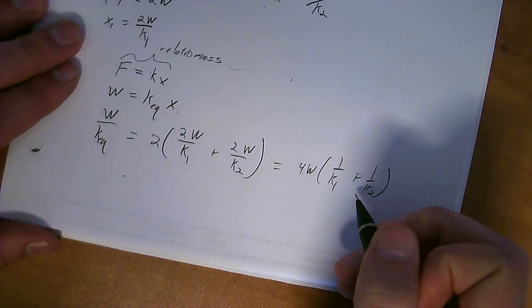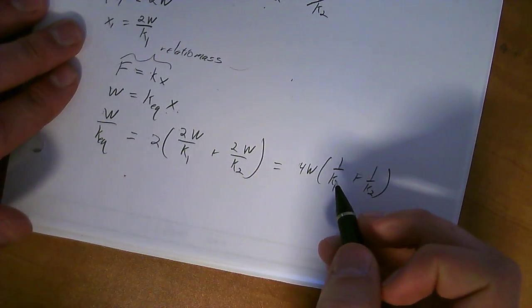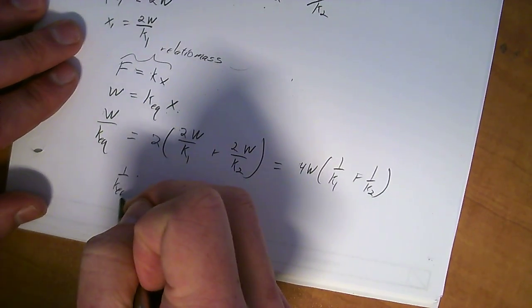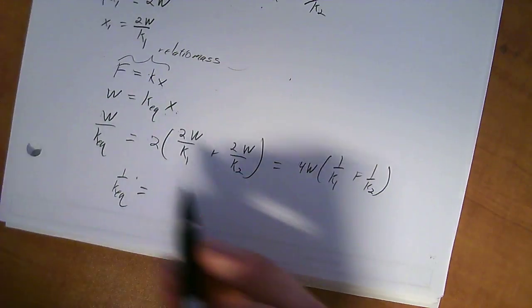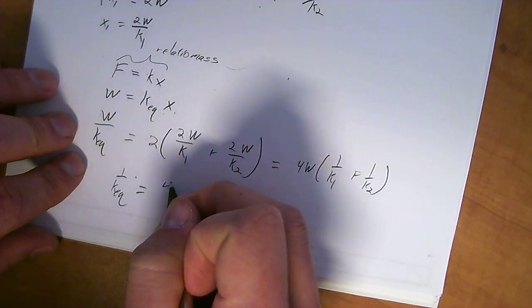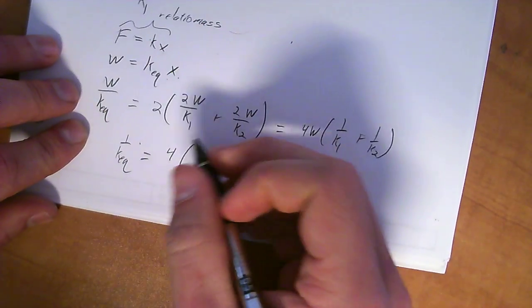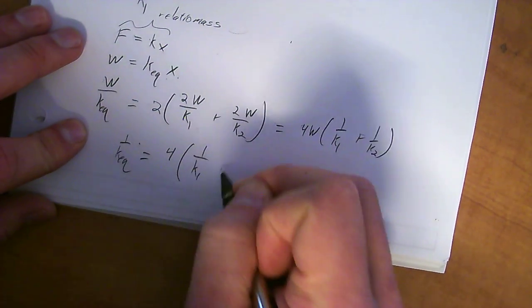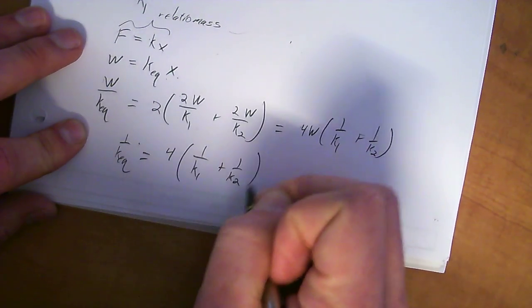Now if we solve this out a little bit further, dividing by w, you can get 1 over KEQ is equal to 4 times 1 over k1 plus 1 over k2.